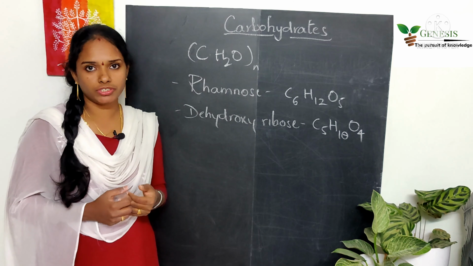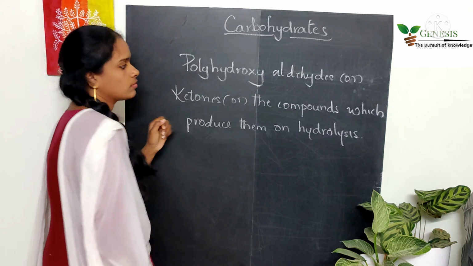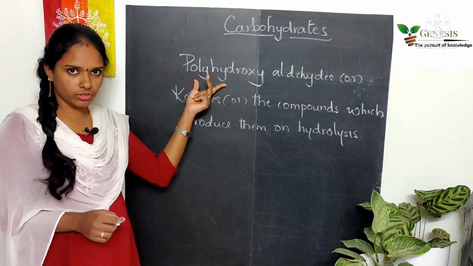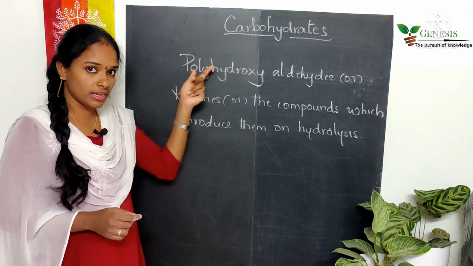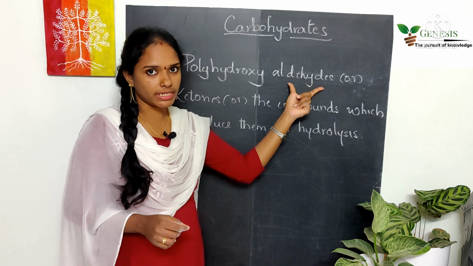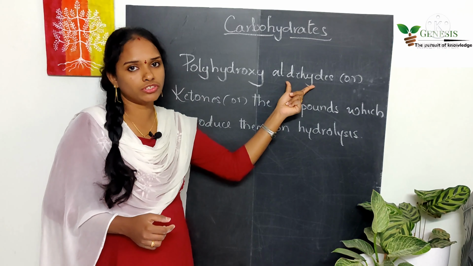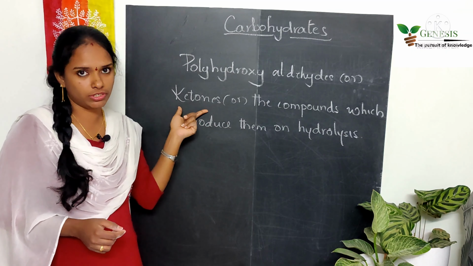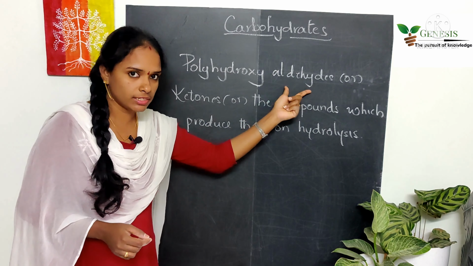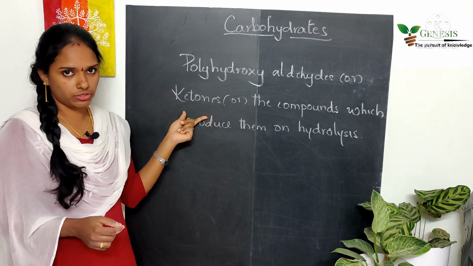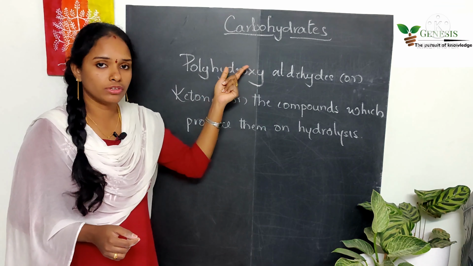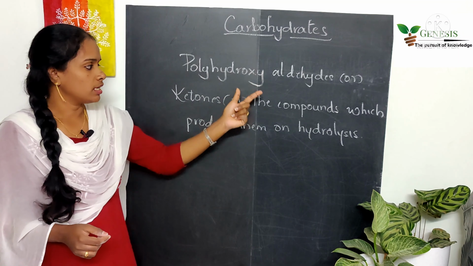So let's see the actual definition of carbohydrates. We can define carbohydrates as polyhydroxy aldehydes or ketones. Poly means they contain many hydroxyl groups. Carbohydrates contain either aldehyde or ketone as a functional group, and they also possess hydroxyl groups in their compounds.